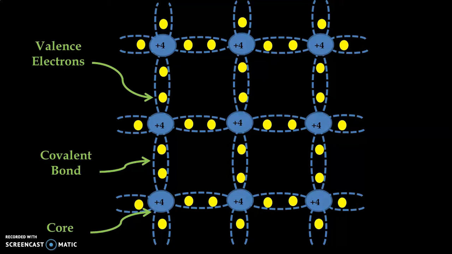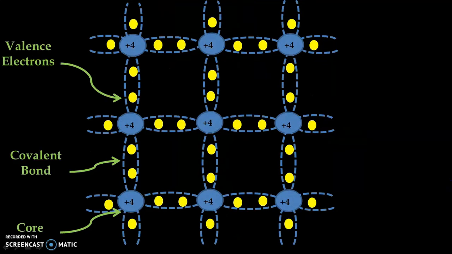So the semiconductor material behaves like an insulator. In pure germanium and silicon at absolute zero temperature, there are no free electrons, as we just discussed, and that is why pure silicon or germanium behaves as an insulator.